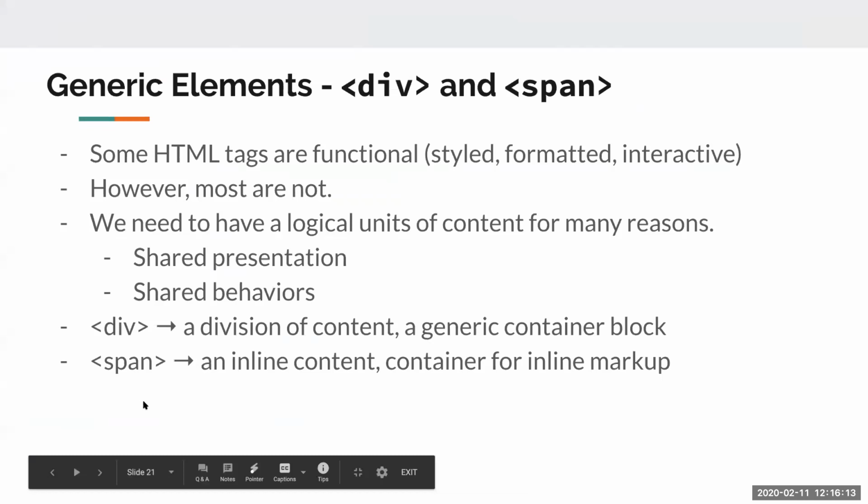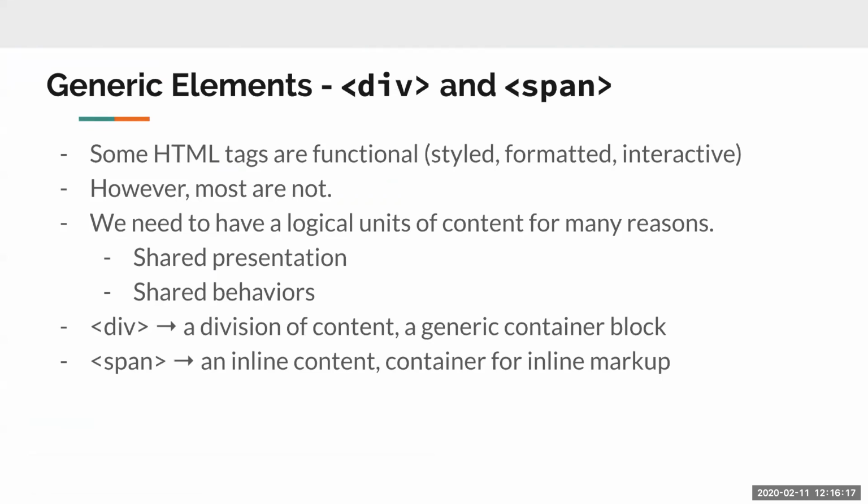But still we need these generic elements, elements that have no specified rendering or style at all, because sometimes a unit of elements should share some presentation, particular style, or particular behavior. So div and span are going to be used a lot.